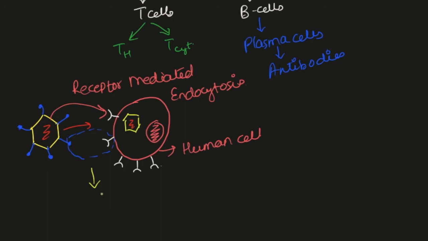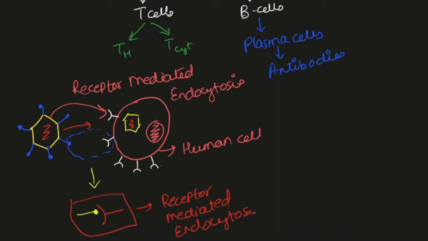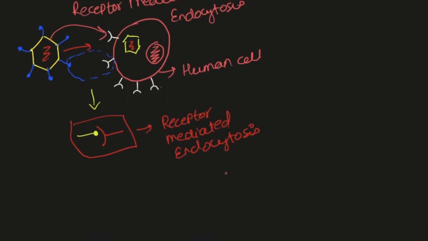This complex, where the viral particle attaches with the receptor of the host cell, leads to the process of receptor mediated endocytosis. Once this has occurred, the virus gains entry to the human cell.